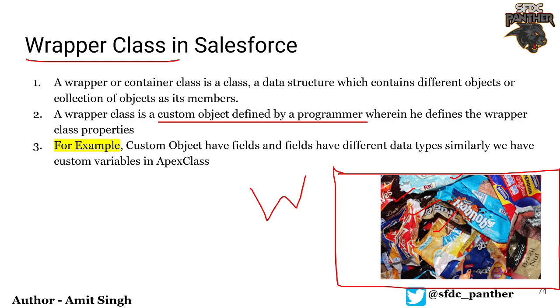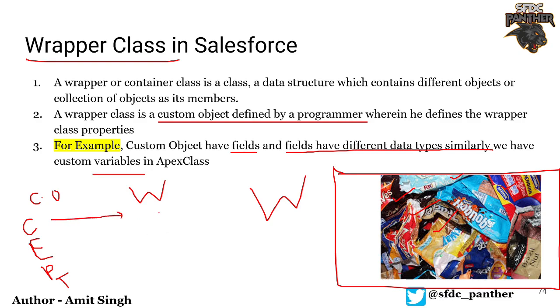Now let's quickly compare this wrapper class with a custom object. In a custom object, we have fields, and fields have different data types. Similarly, in our custom Apex class, we have custom variables. Suppose that we have a custom object and then we have a wrapper class. In the custom object, we have a field called currency, then a field called email, then phone number, and a text area.